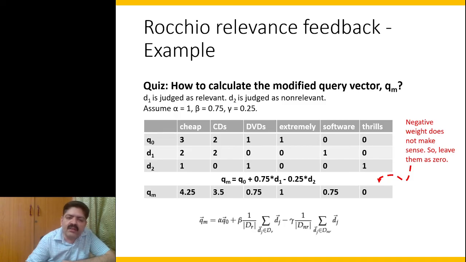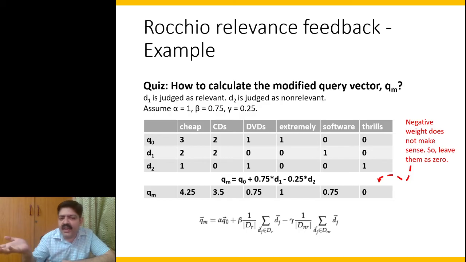I do this similarly for all the vectors. Remember, this is vector addition and subtraction. Once I have done that, I get a resulting query vector. In this case, notice that this should give you a negative value. Q0 is 0, plus 0.75 times D1 would also be 0, minus 0.25 times D2 should give me minus 0.25.